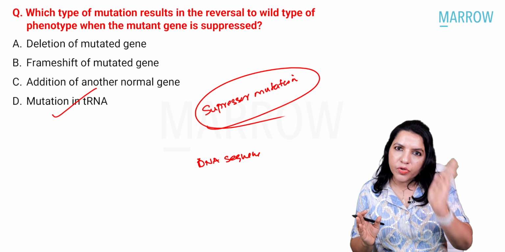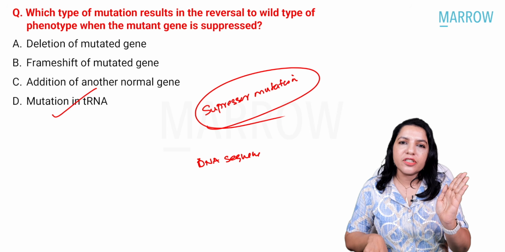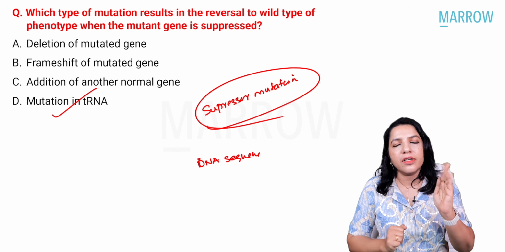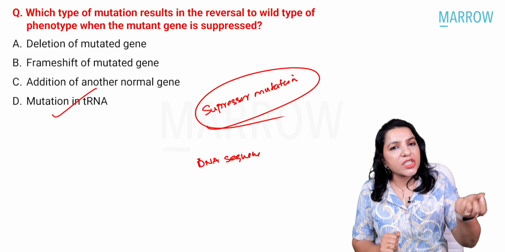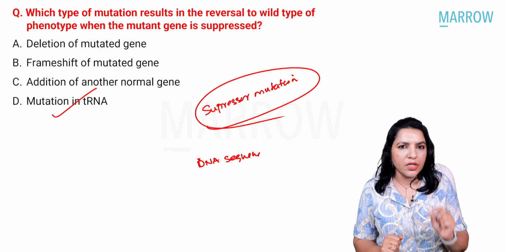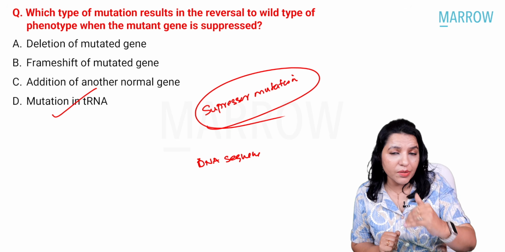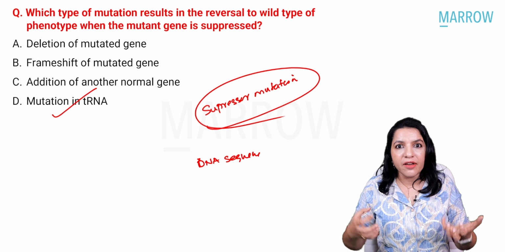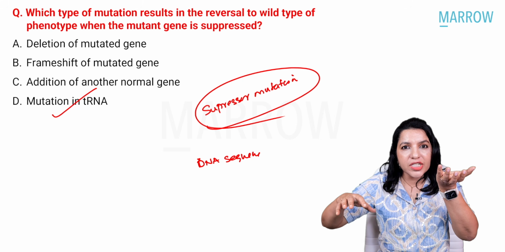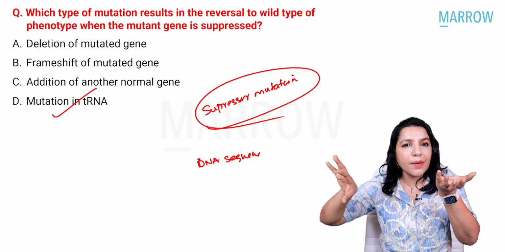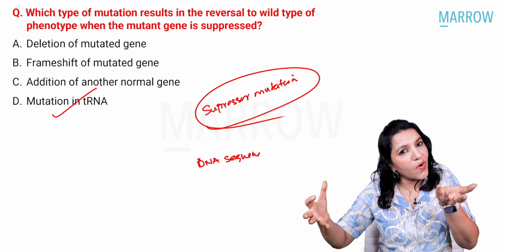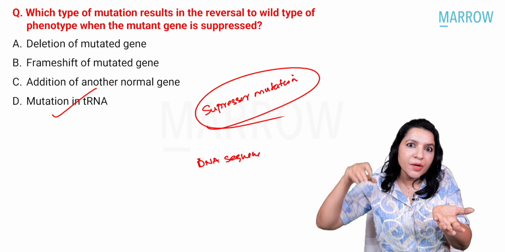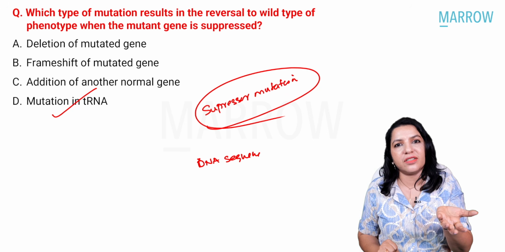Now, there is a mutation in the genotype, but the phenotype, which is the one that is expressed, is not affected. Why? Because there is something which can suppress this mutation. So it is called a suppressor mutation. It prevents the genotype from producing an abnormal phenotype, producing a normal phenotype instead. The mutation is there in the DNA, but the phenotype is not affected.